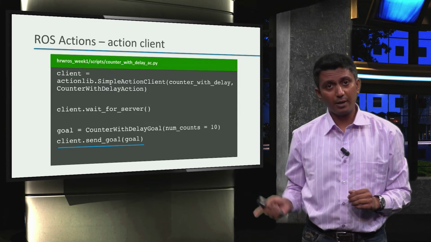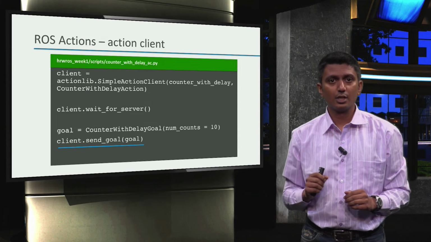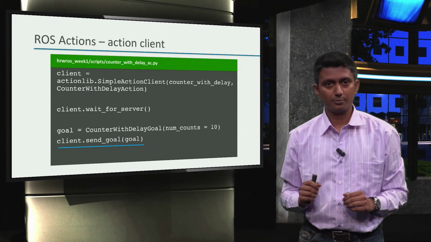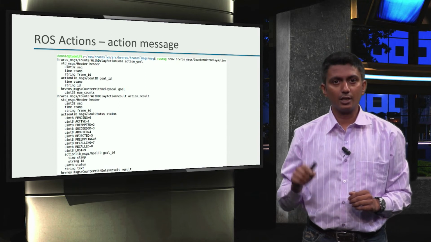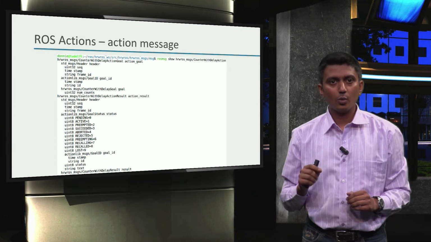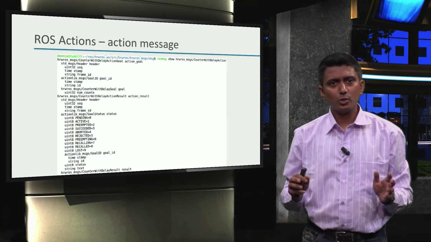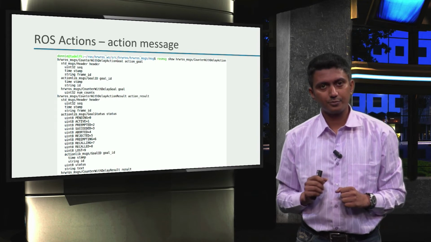And the actionlib package requires additional information along with the action messages that we as users pass to it. And that additional information is actually the content of the CounterWithDelayAction message type. Well, it's quite long, so 2 slides are needed for this, but let's see what these extra things mean.